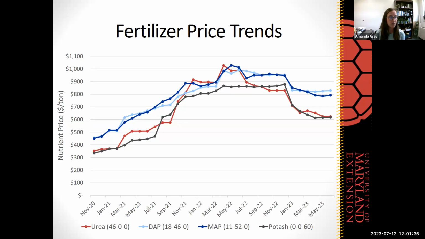And you can see that we had a drastic increase in the cost of all of our different types of fertilizers throughout 2021 and into 2022, and they've started to level off a little bit now, but overall prices still remain a lot higher than they were a couple of years ago. So basically within the last 2 years, prices are up as much as 76 to 84%, if you do a little math, from where they were as of the end of 2020.